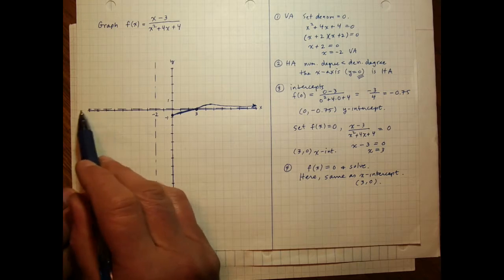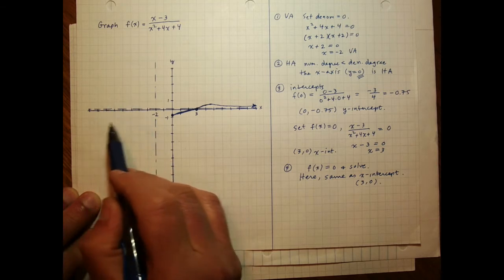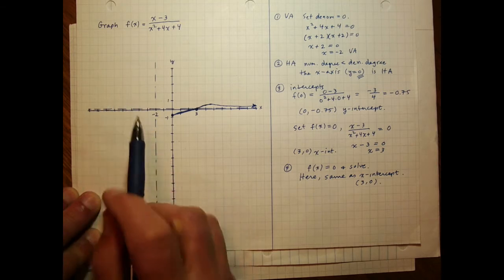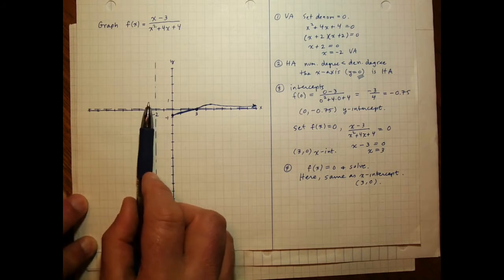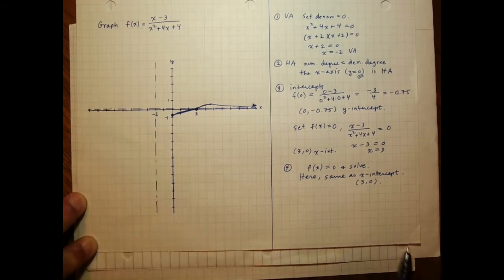When x is very negative, we're also going to be approaching that horizontal asymptote, but I don't have too much to work with over there. So I'm probably going to end up plotting some points for x values less than -2.